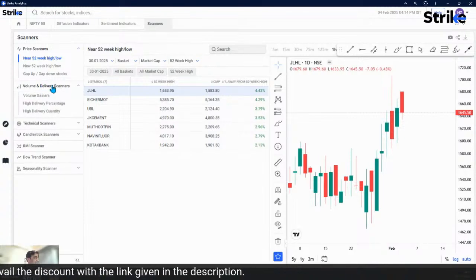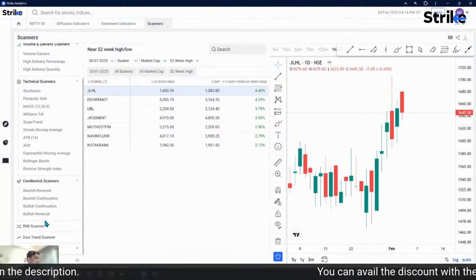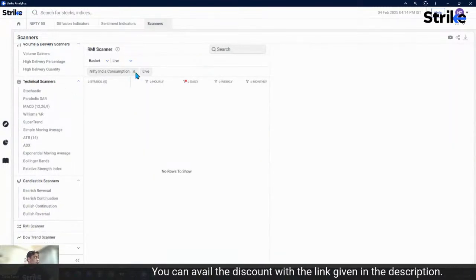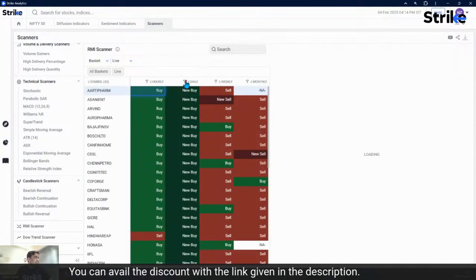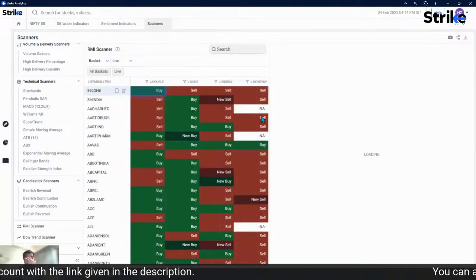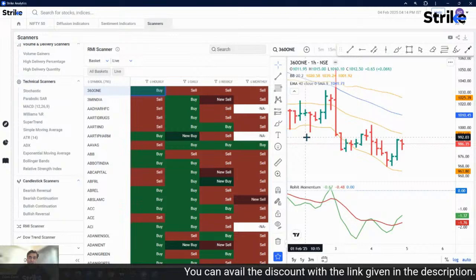There are volume and delivery scanners, technical scanners, candlestick scanners. We have our own RMI scanner. All these indicators are really helpful, and one by one we will try our level best to educate you on how to use this particular software.